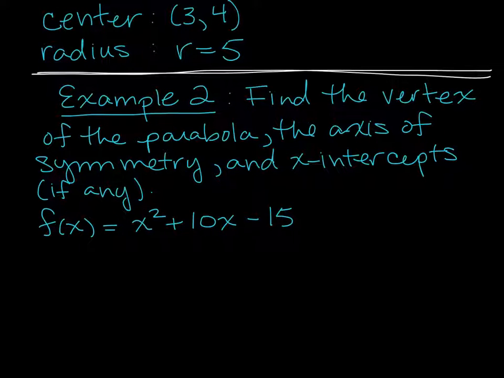So again, we want to complete the square. But this time, it's not as if we have this equal to something else and we can just add something to both sides. So instead of adding to both sides, we will add the term that completes the square. We will then subtract that same thing.